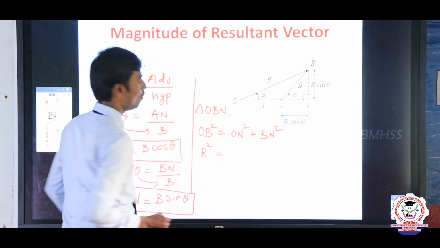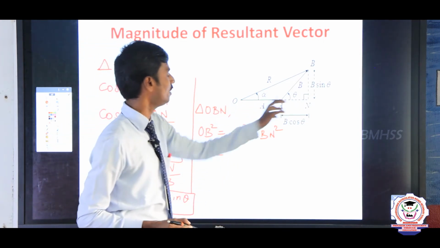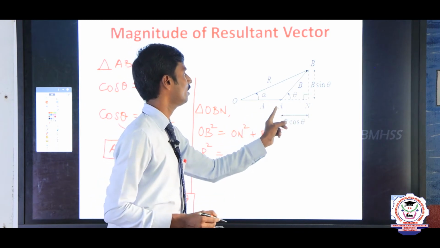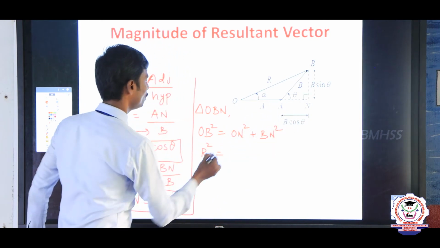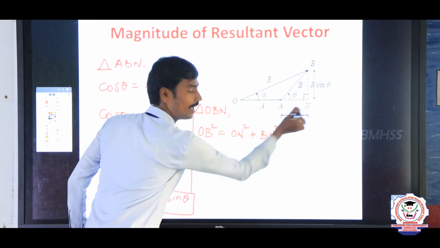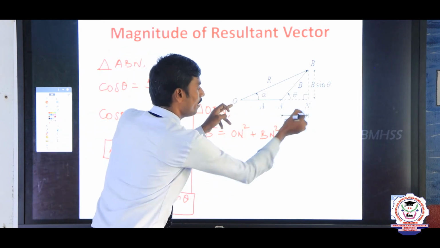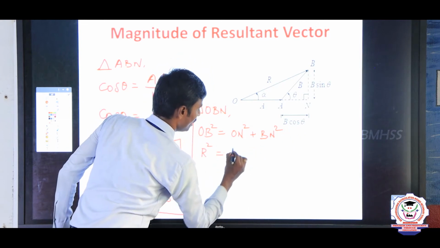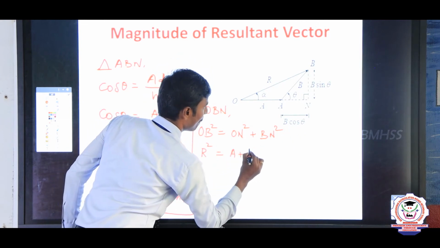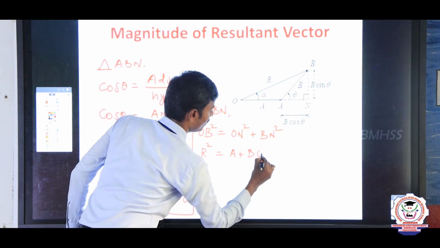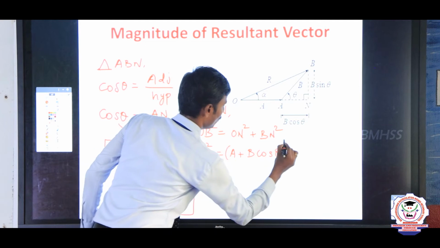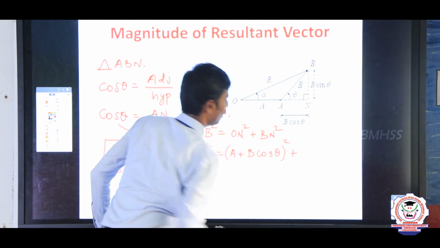R square equals ON square plus BN square. What is the value of ON? OA equals A vector, and AN equals B cos theta. So ON is A plus B cos theta, whole square, plus BN square.